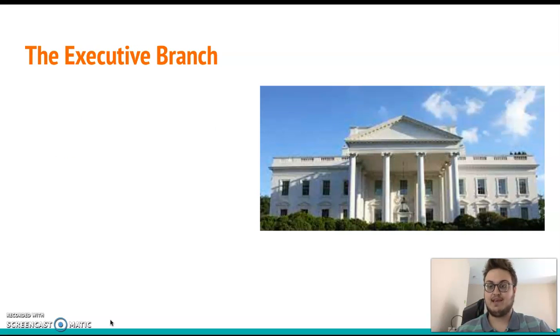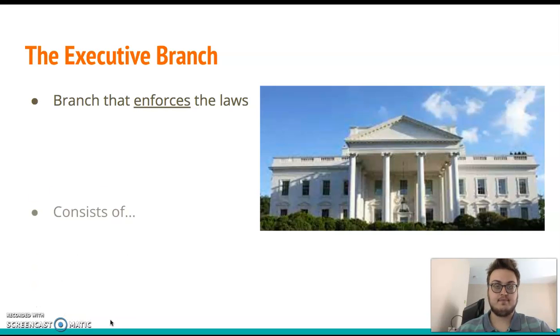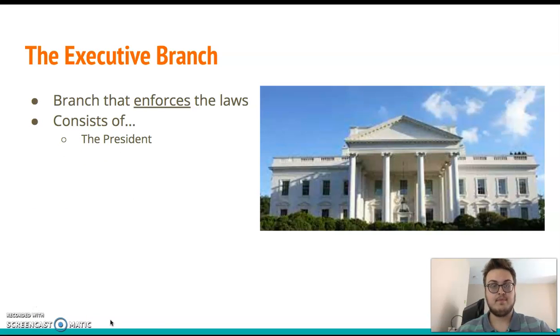Next up, we have the executive branch, the branch that enforces the laws. It consists of the president, the vice president, the cabinet, which is a group of politicians that the president assigns to help with running the country.